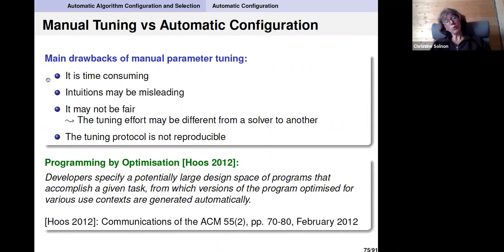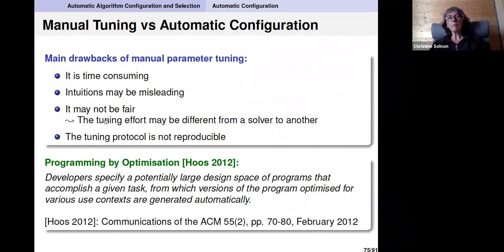First, it is very time consuming. Second, we usually have intuitions. We think that the temperature of our simulated annealing approach should be between this value and this value, but these intuitions may be misleading. And the third drawback is the most important one from my point of view.